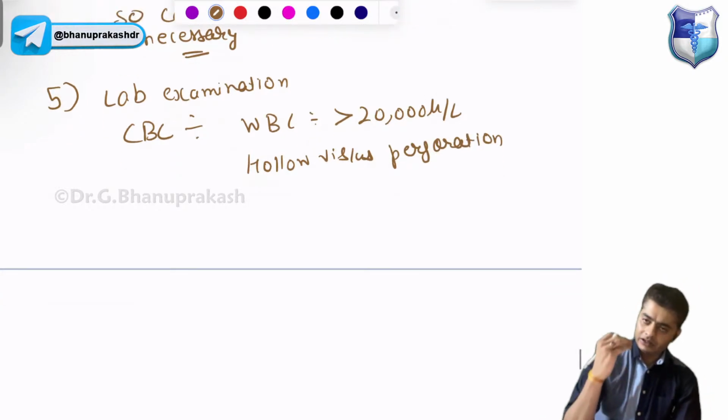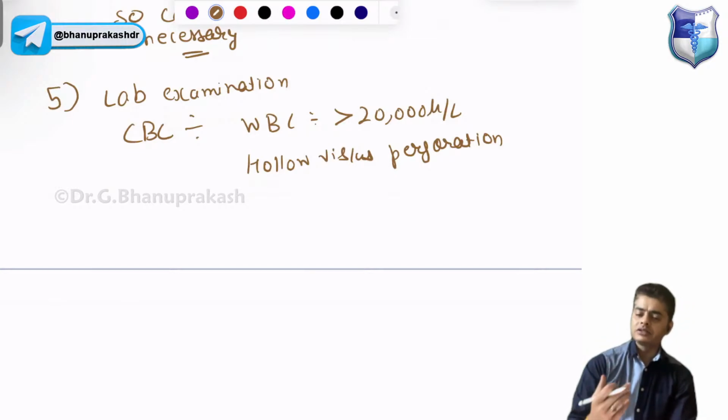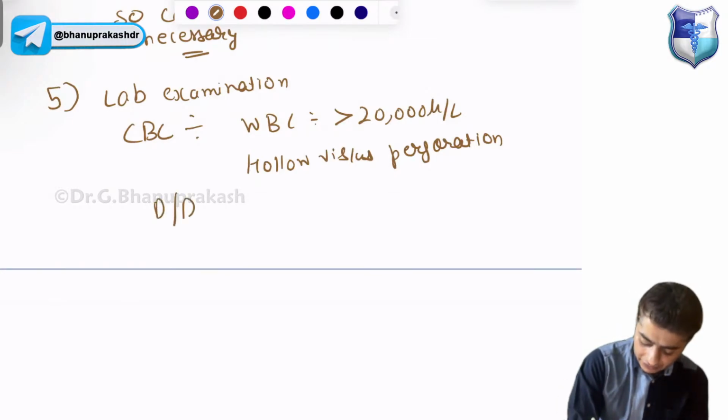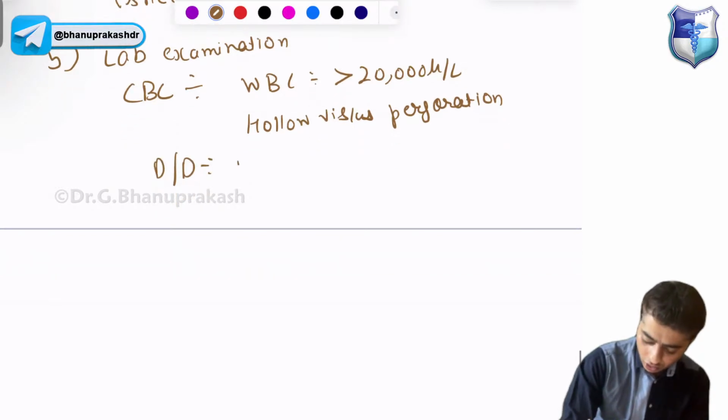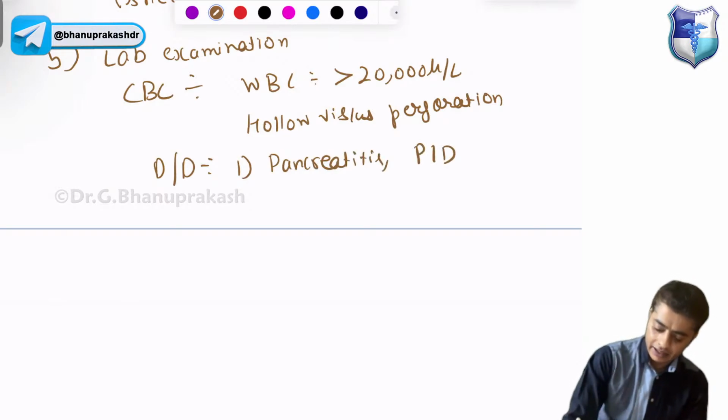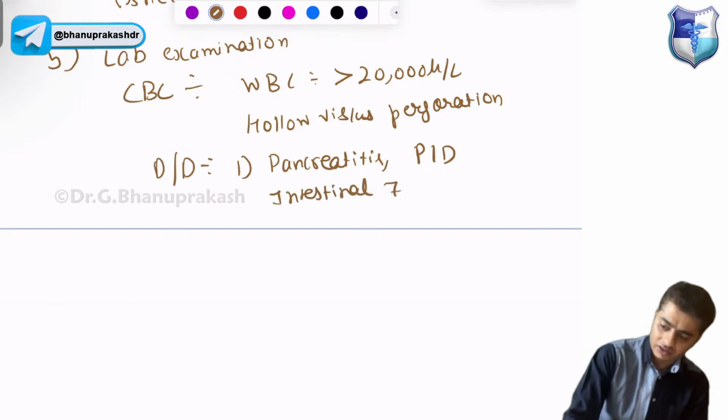But for an increase in WBC greater than 20,000, there can be other differential diagnoses also. So we should keep these DDs in mind, that are your pancreatitis, your pelvic inflammatory disease, and intestinal infarction.